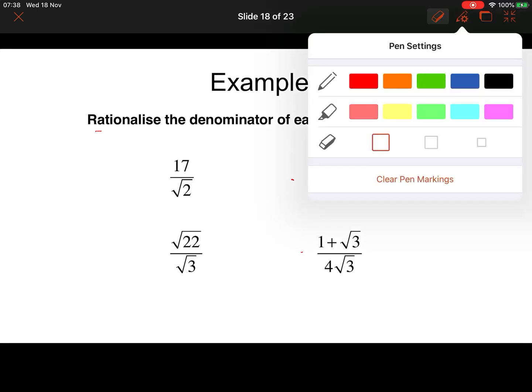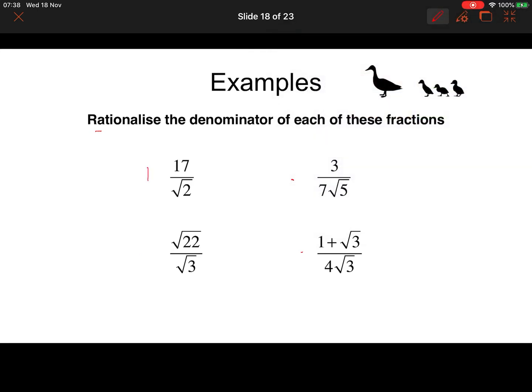Now, what we've got here, let's look at number 1. Just label these 1, 2, 3, 4. Number 1 has an irrational number in the denominator. Okay, root 2 is in the denominator and it's irrational. Now, for some reason, and I suppose there are good reasons for this, we don't allow an irrational number to be in the denominator of a fraction.